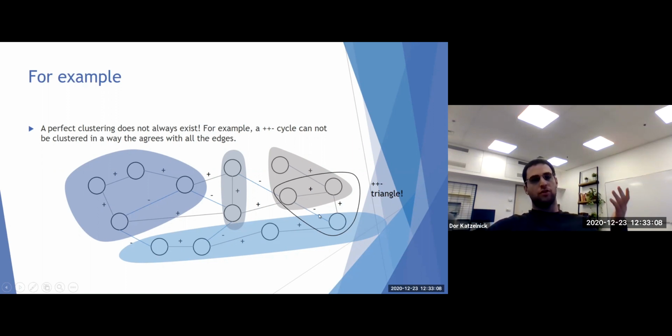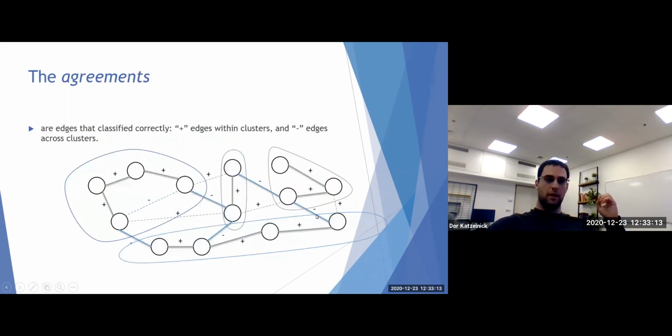If we want to measure how good a clustering can be, we can look at the agreements. The agreements are the edges that are classified correctly. For example, these are the plus edges that are within clusters and the minus edges that cross between clusters.